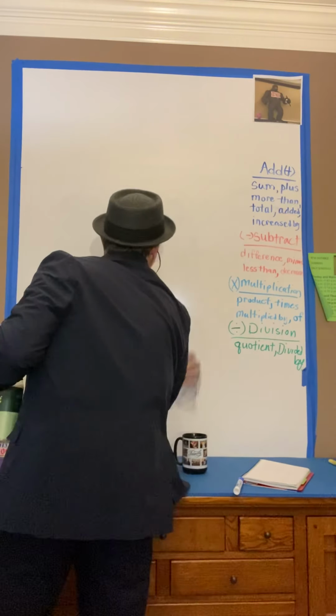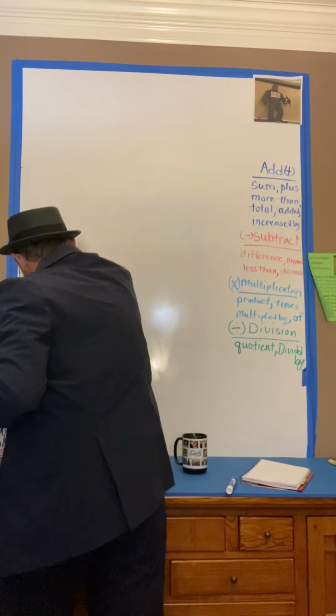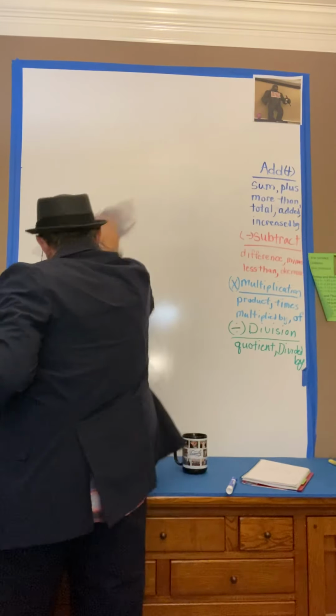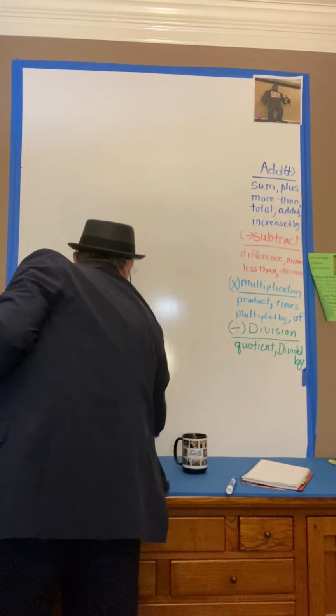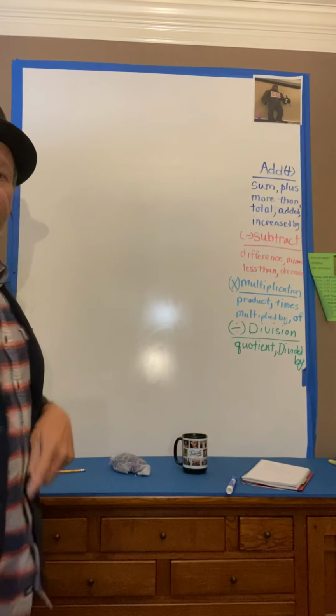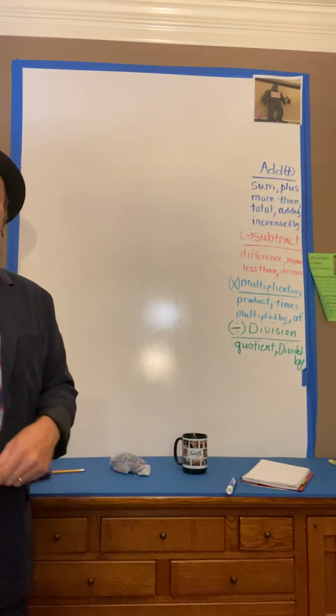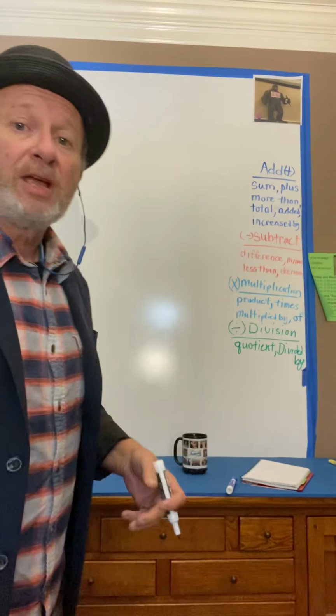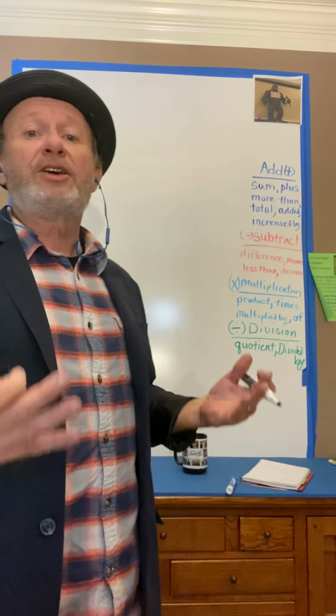And last but not least, we have quotient, the words for division. Division is, the big one is quotient. You're going to see quotient a lot. Let me go a little farther on this. If I say the quotient of a number x and 3, the first thing that comes you put on top.